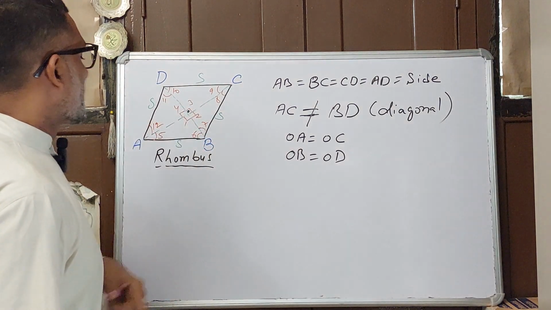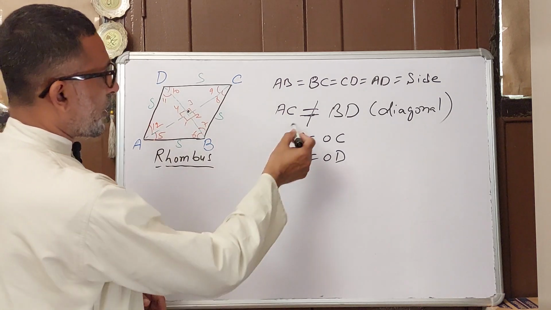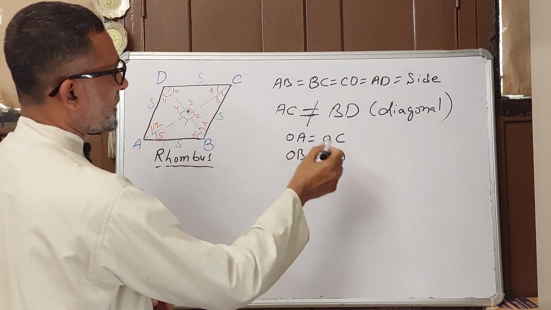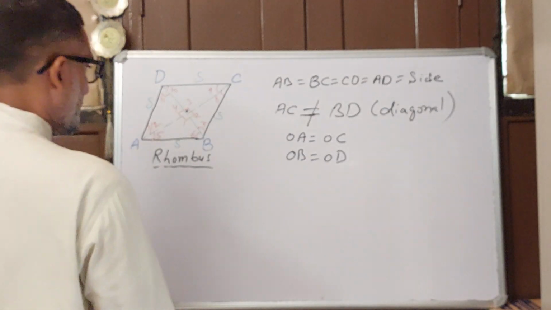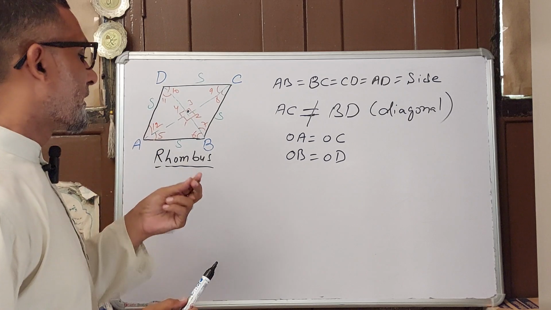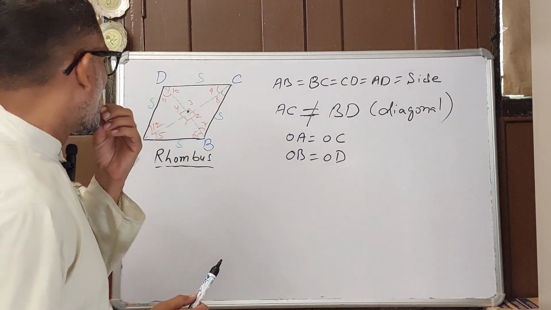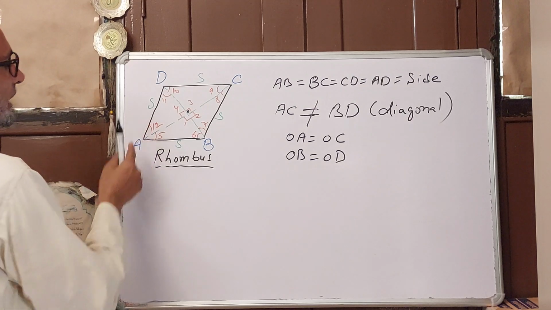When the diagonals cut each other in a square, what we will see is that OA, OB, OC, OD are all equal to each other. So this is the difference between a square and a rhombus. First is the angle at the side.